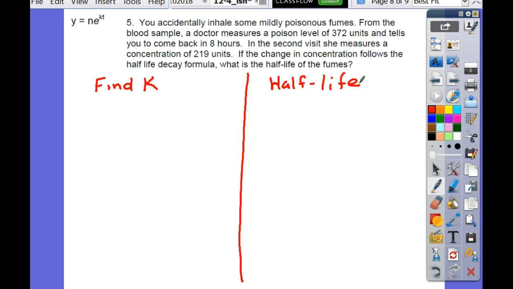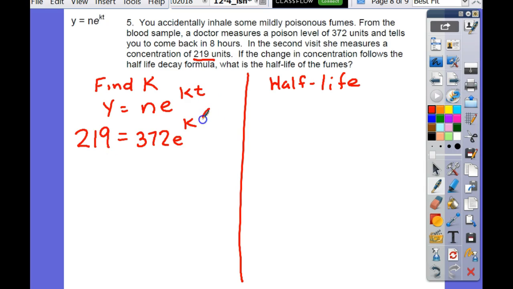So, we are using the same equation. How much poison do you start off with? And we're solving for K, and after 8 hours, how much poison do you have? And that was 8 hours. So the time is 8 hours.